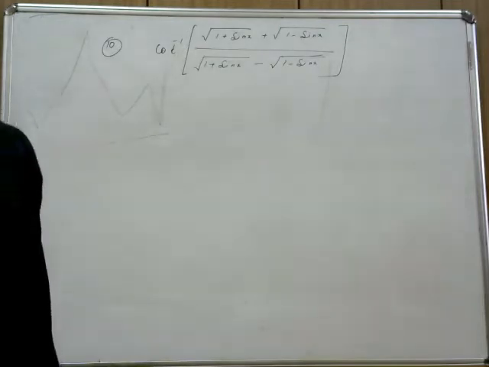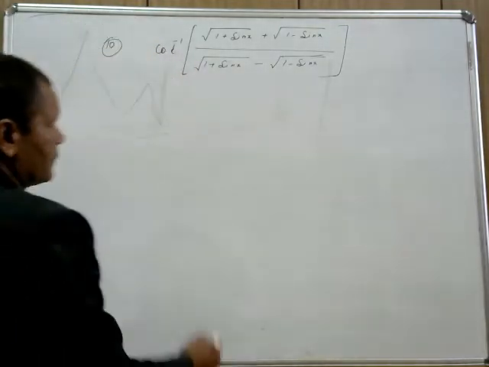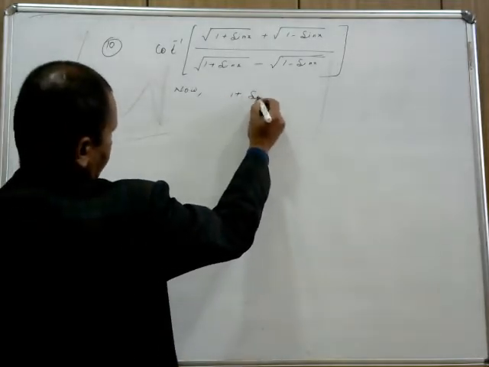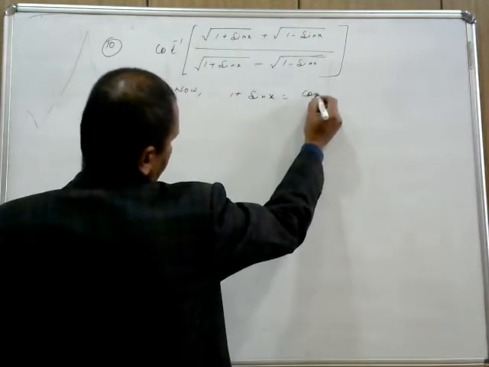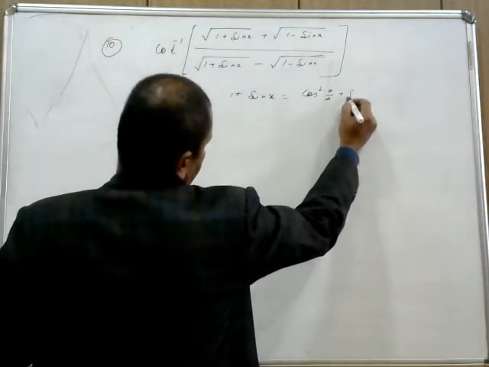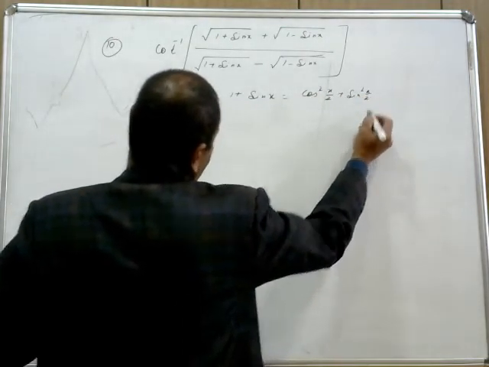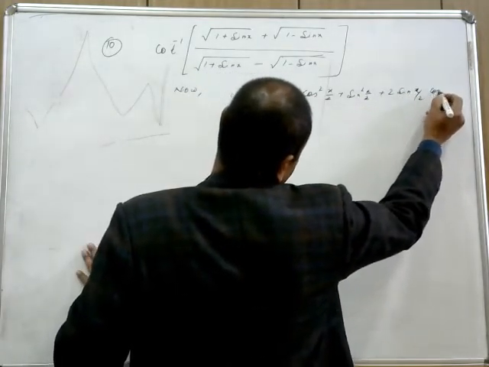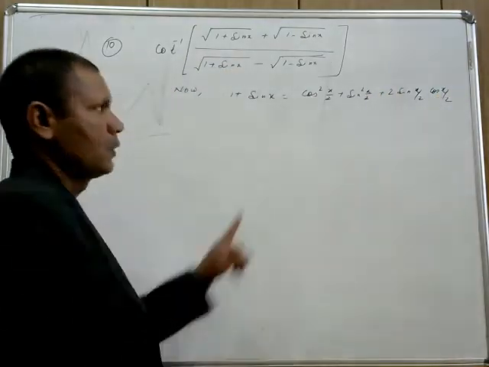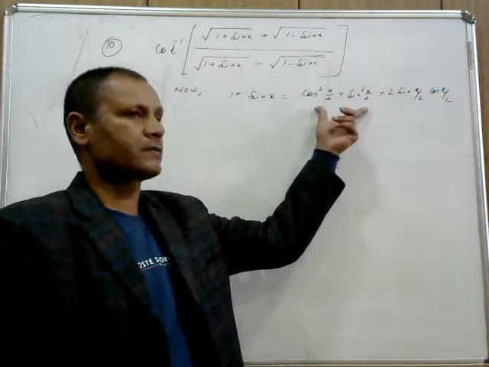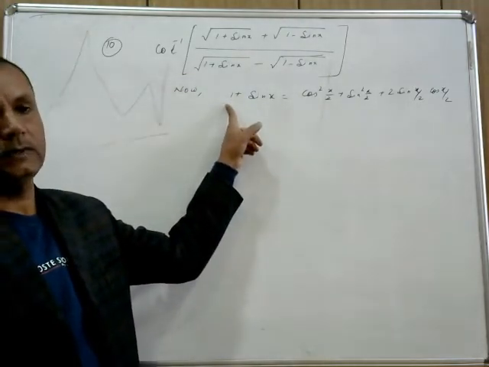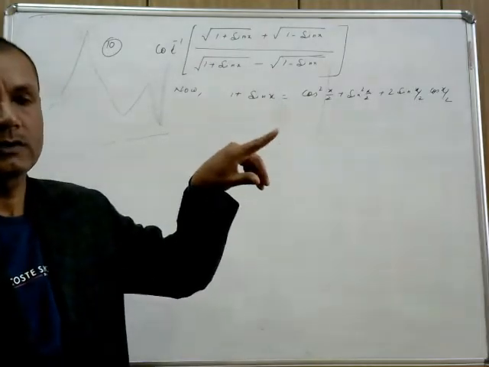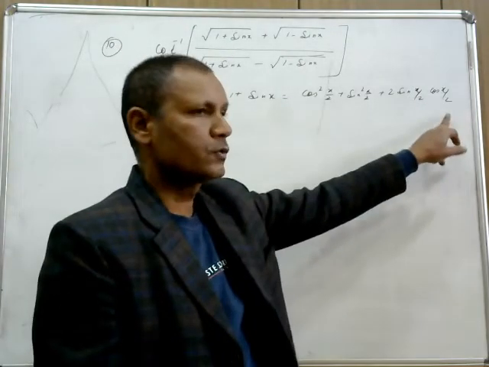Now 1 plus sin x. First of all, let us check. Can I write 1 plus sin x as cos square x by 2 plus sin square x by 2 plus 2 sin x by 2 into cos x by 2? Can I write it or not? See, cos square x by 2 plus sin square x by 2 is equal to 1. Correct? Sin 2x, we know, is 2 sin x into cos x, that's why sin x is equal to 2 sin x by 2 into cos x by 2.